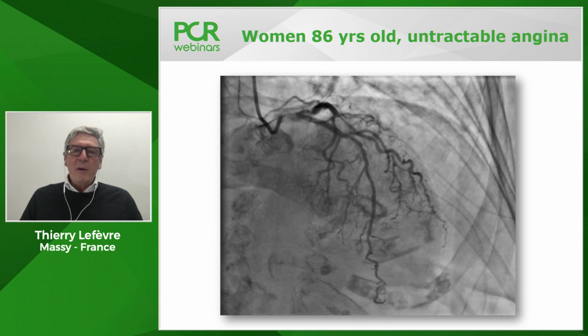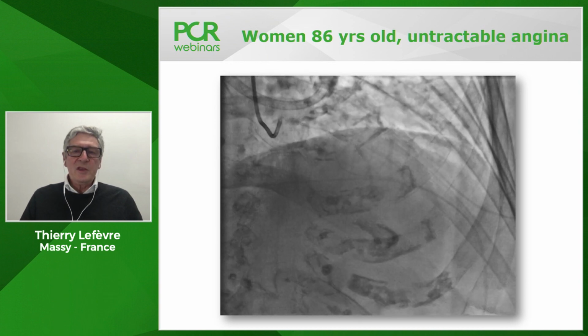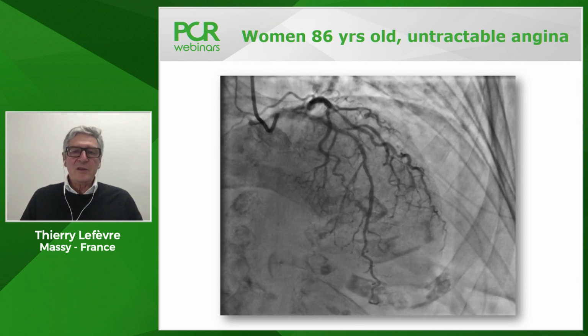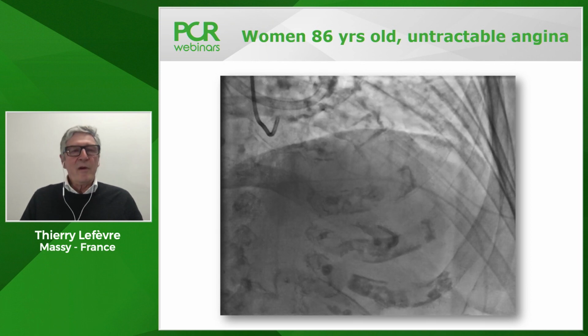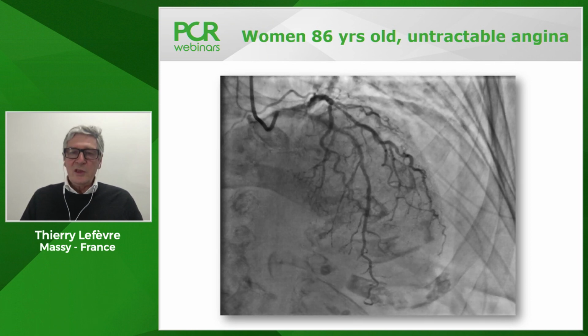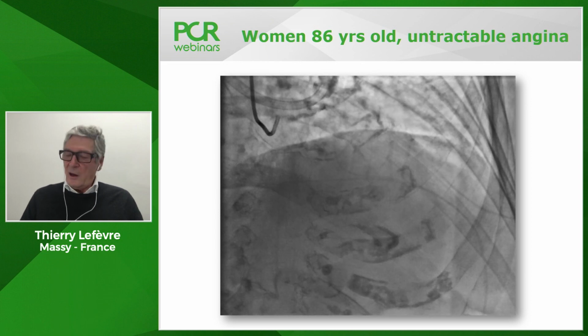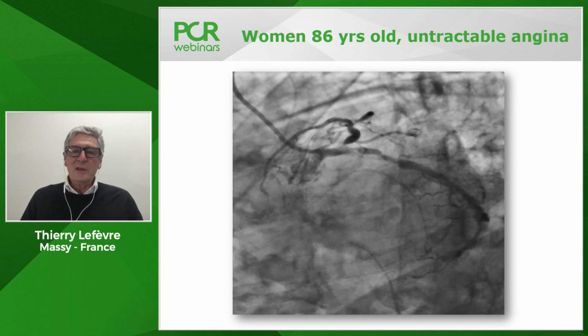Now this is an aerial view showing that there is a lot of disease at the distal left main with calcification, and this involves the proximal left main too, which is smaller than it should be comparing to the size of the LAD and circ.